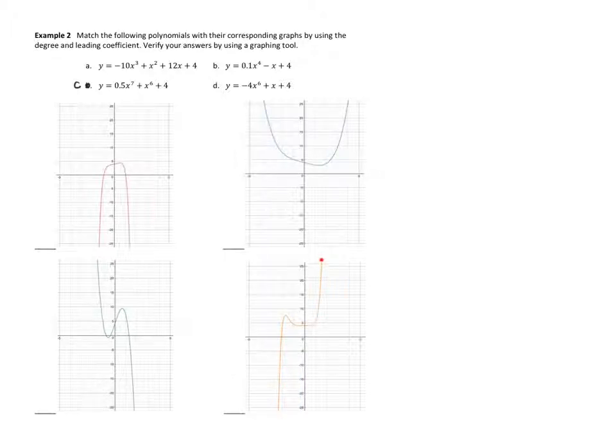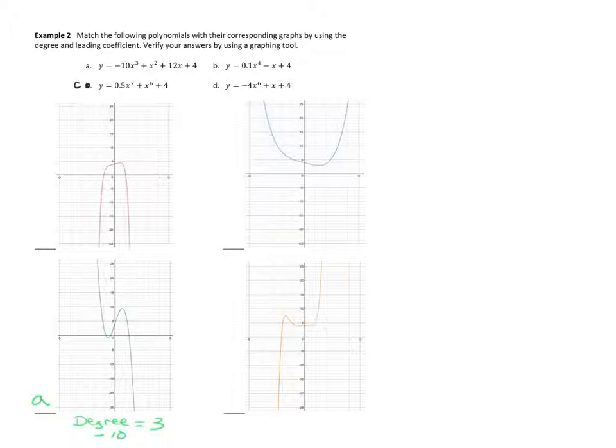I actually would like the reflection of this, which is this graph over here. So this has to be the polynomial for A. And the reason for this is the degree is odd, but also the leading coefficient is negative 10. The fact that it's a negative number flipped the graph upside down.